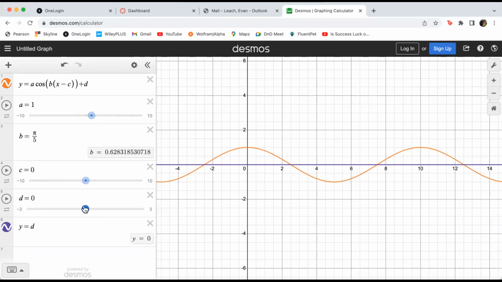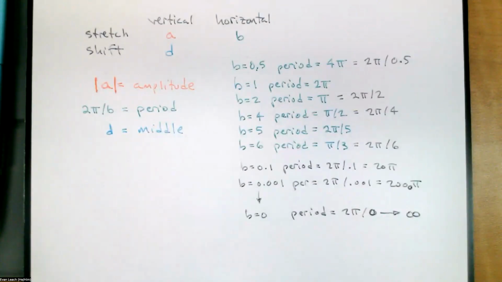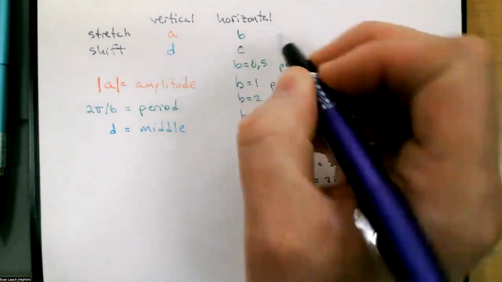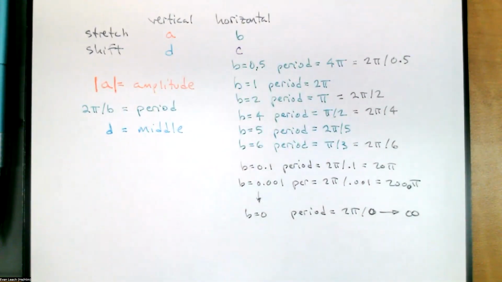So that leaves one number to tell us what's going to be going on with our horizontal shifting. There's only one left, so C must be in control of the horizontal shifting. Let's check out the horizontal shifting.